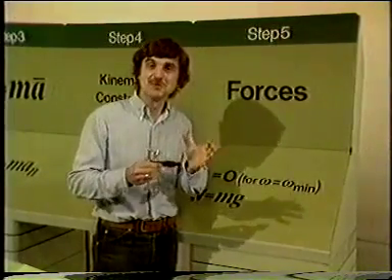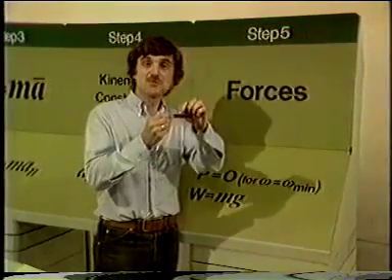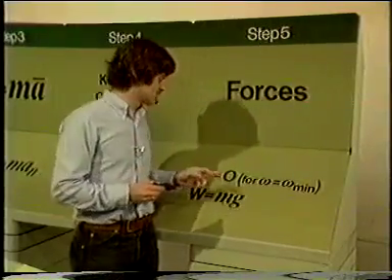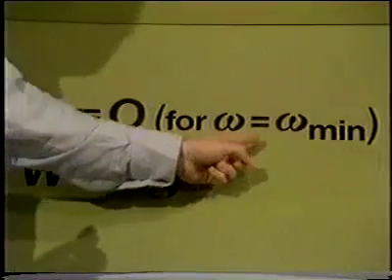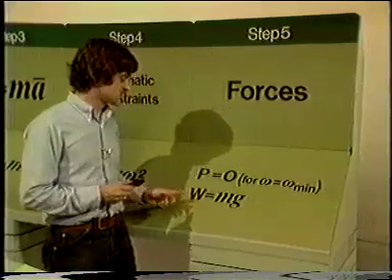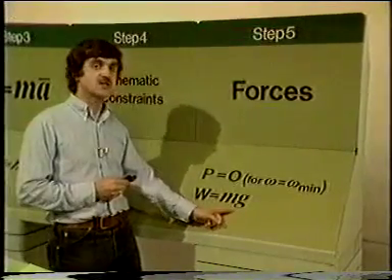That is the minimum speed for safety. And at that condition, he won't be feeling any force on his back because he'll just be leaving the wheel. So P will be 0 at the minimum angular speed. The other force, W, of course, is just his mass times his gravitational acceleration.